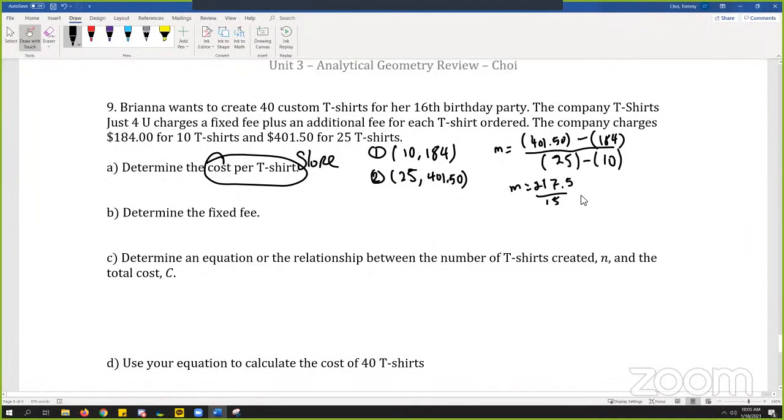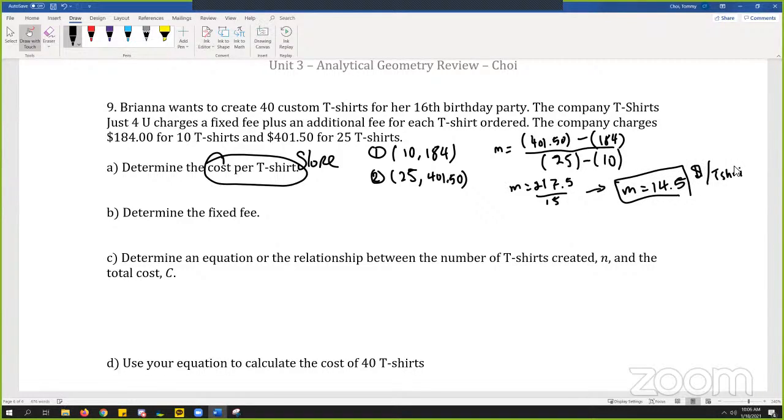And simplifying this, you get 14.5. That's our slope. That's the cost per t-shirt. So that's dollars per t-shirt if you needed the units.